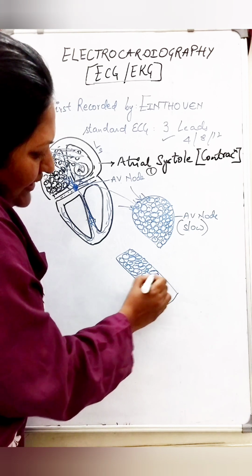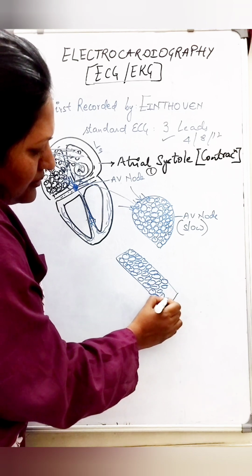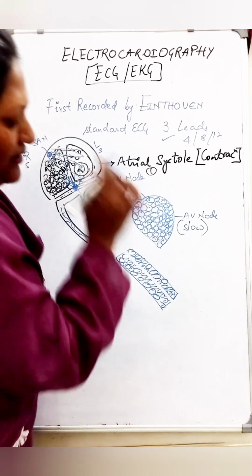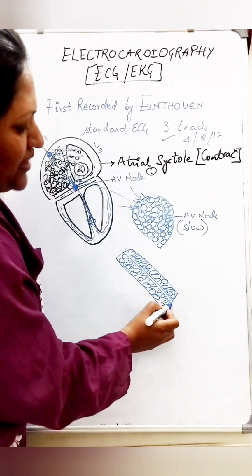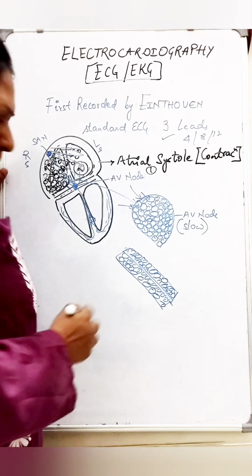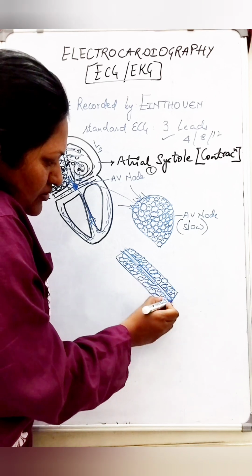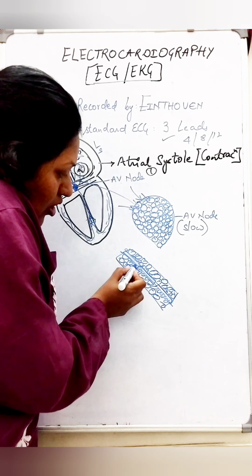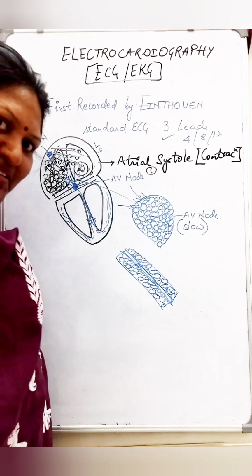In between these tightly packed cells, there is a free space or channels. There are also some large cells, and these cells have a lot of gap junctions, multiple gap junctions.